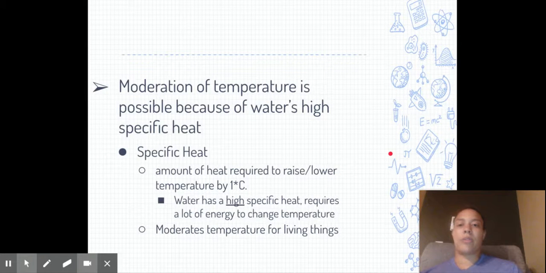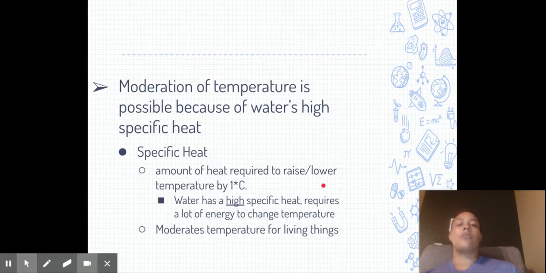Another one of the emergent properties is that moderation of temperature is possible because of water's high specific heat. Those of us that have taken science here at the high school before, we've talked about this a ton with chemistry and science 9, but high specific heat is the same thing as heat capacity. So here's the key for water.